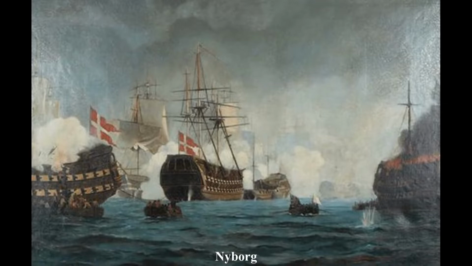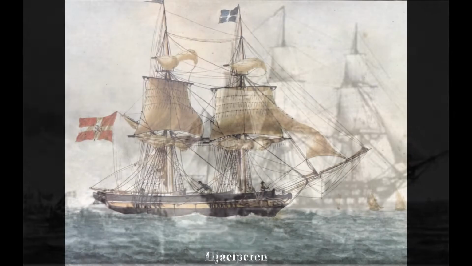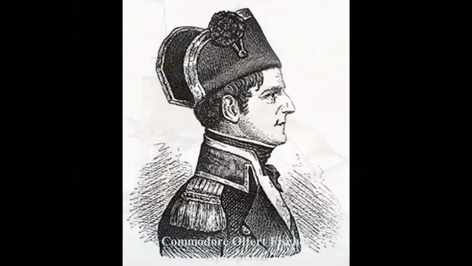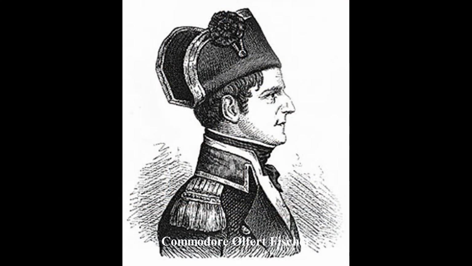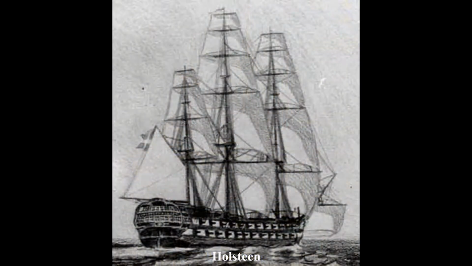Nyborg tried to leave the line with Aggershus in tow, but both sank. The most northerly ship, the frigate Hjælperen, successfully withdrew. The Danish commander, Commodore Olfert Fischer, moved from Dannebrog when it caught fire to Holsteen at 11:30.